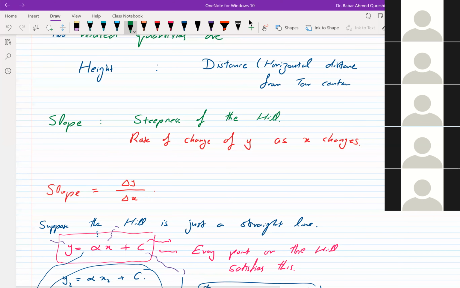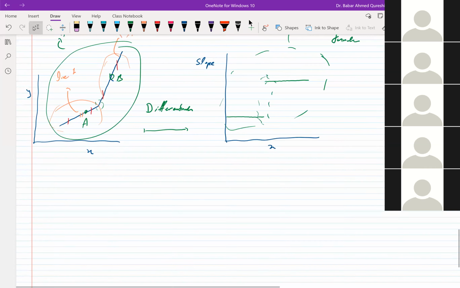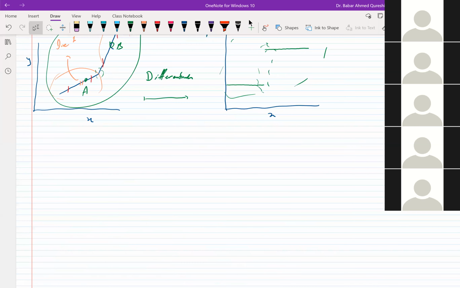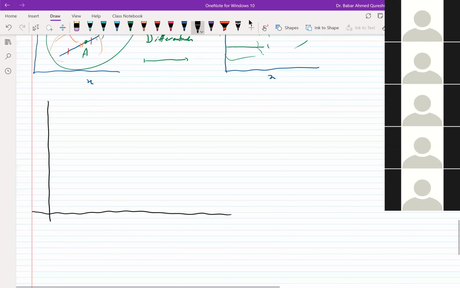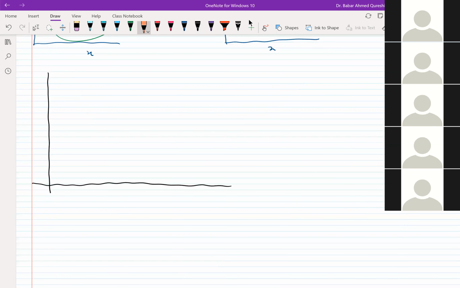Now, generalizing this idea even more, I can consider a more general hill. So how would that look like? So that hill could be like that. Make it a bit smoother.